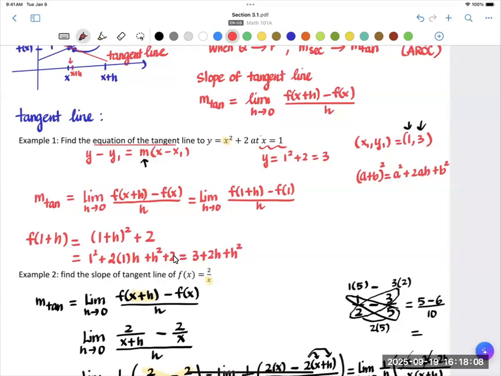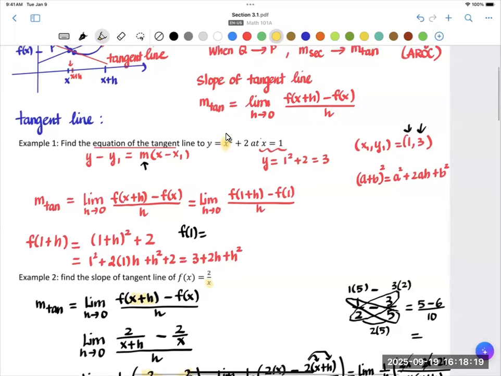Okay, and we're going to minus f of 1. What is f of 1? For f of 1, we replace everywhere we see an x in our equation above by 1. So we're going to have 1 squared plus 2, which is 3, which we just found above. So x equals 1, y equals 3. That's my f of 1.